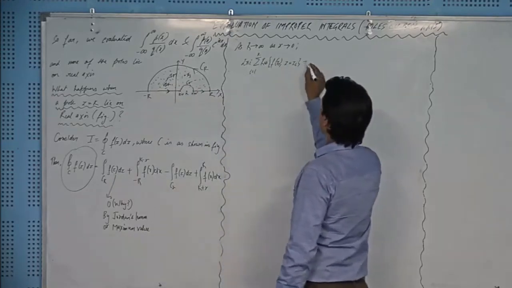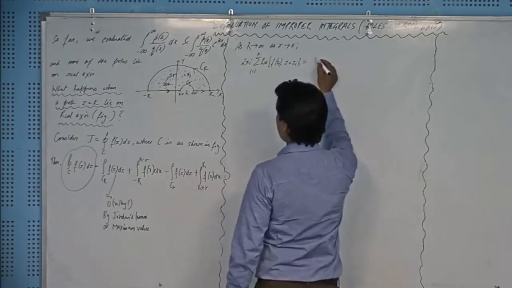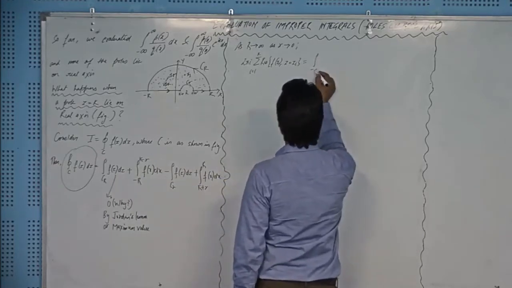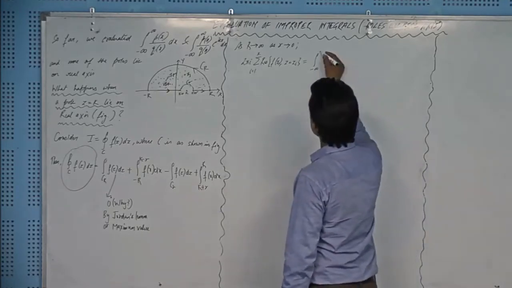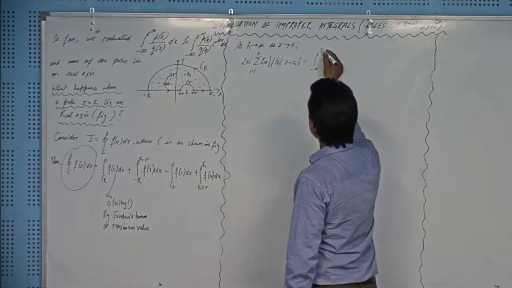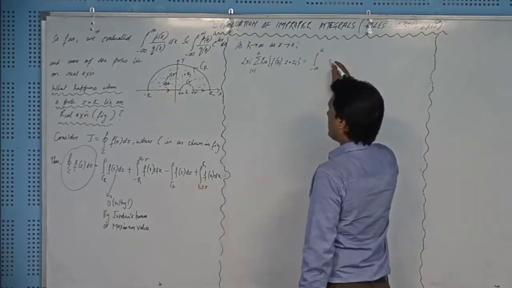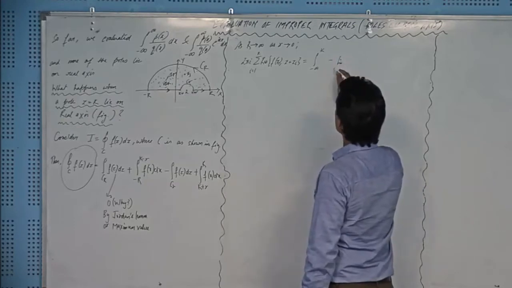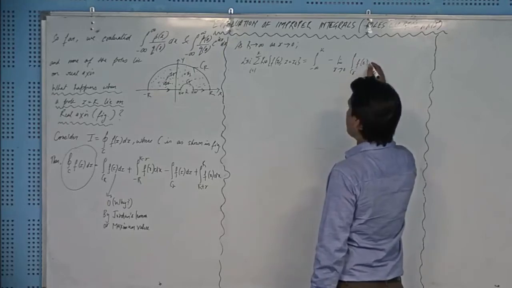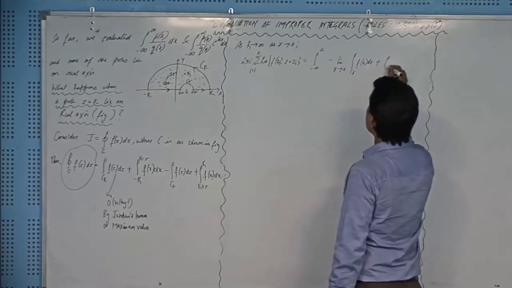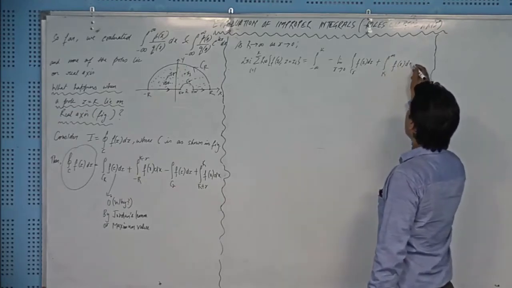Since this is 0, we'll have minus infinity to k, and I think principal value should be written there, minus limit r tends to 0 of the integral over Cr of f(z) dz, plus k to infinity f(x) dx.